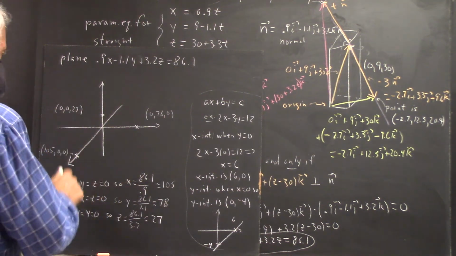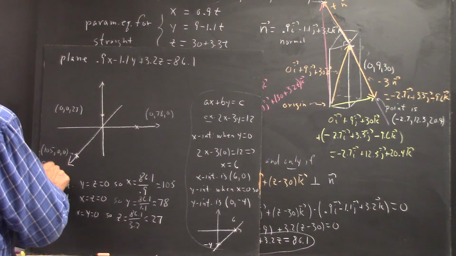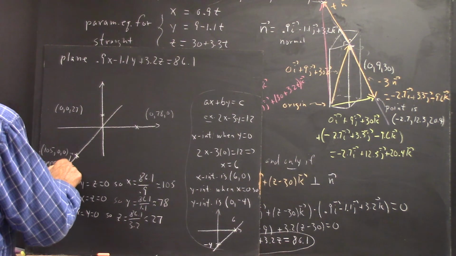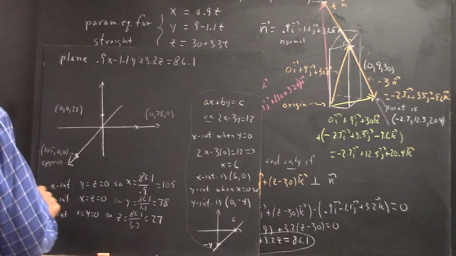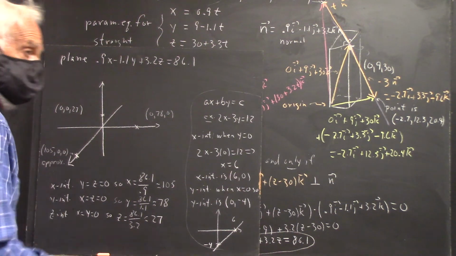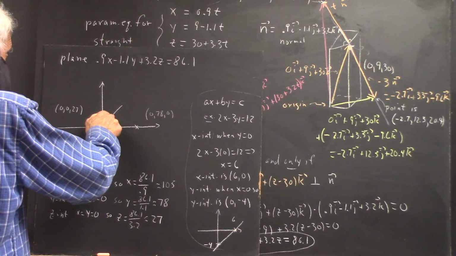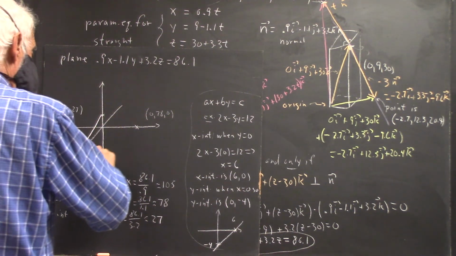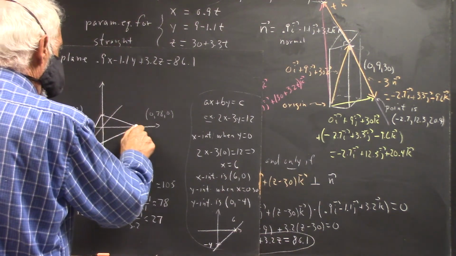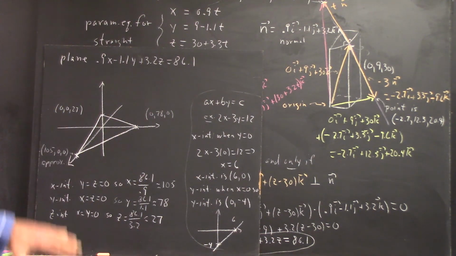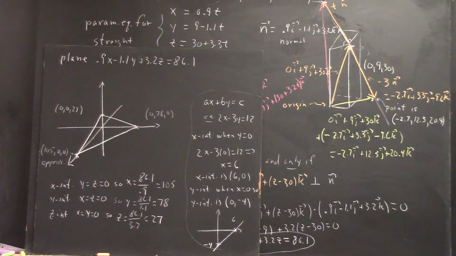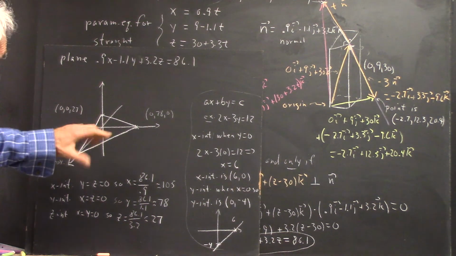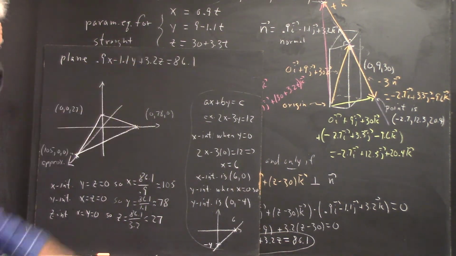These are all approximate. Implicitly, this is approximate as well. So now, if we want to see this plane, we do a triangle here. And now we see how the plane lies. Not real steep. And oriented out this way into the first octant.